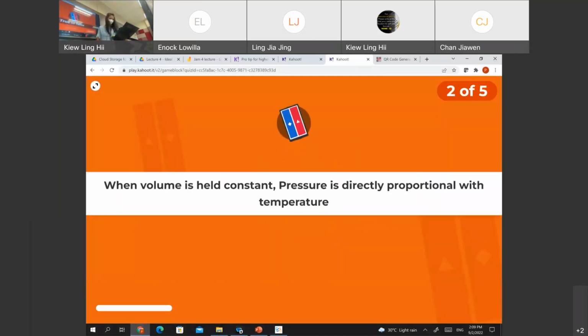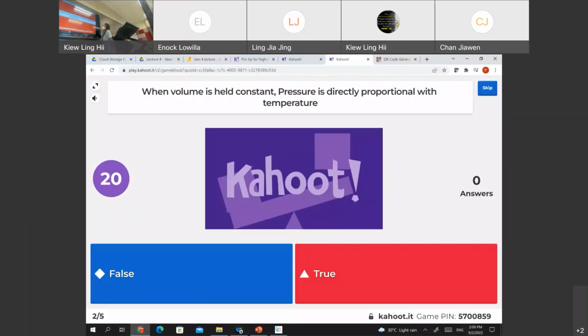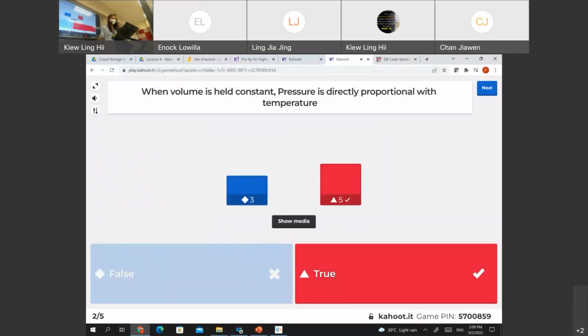True or false? Volume constant, pressure directly proportional with temperature.